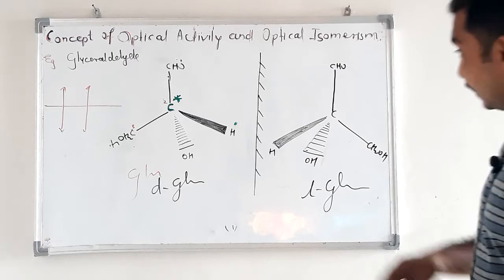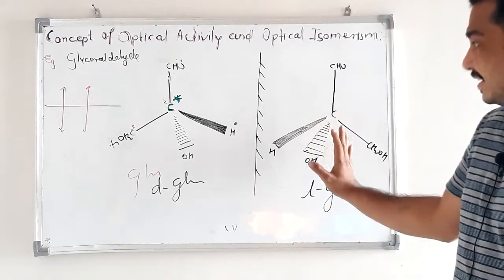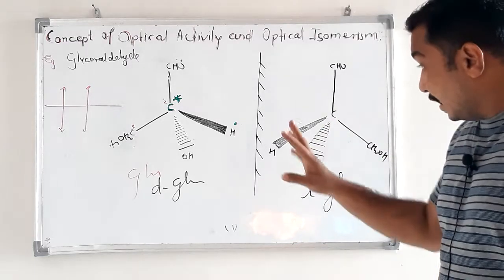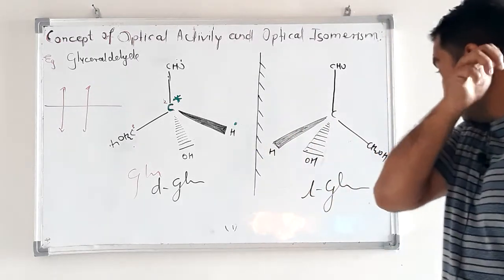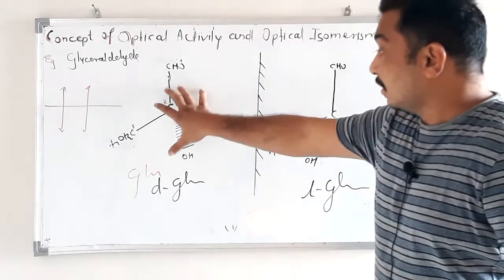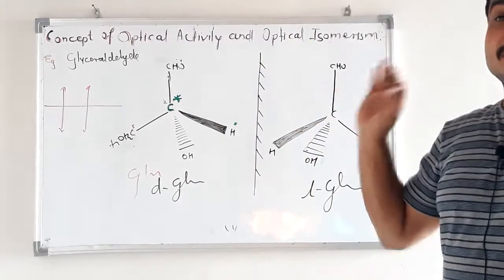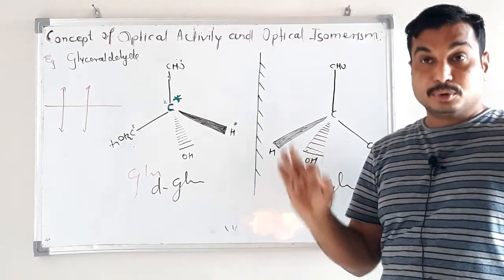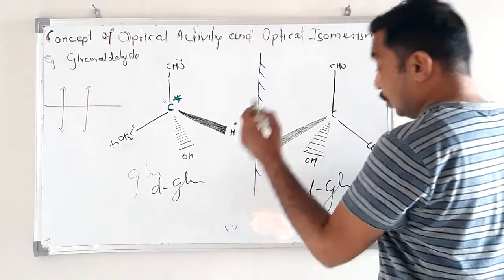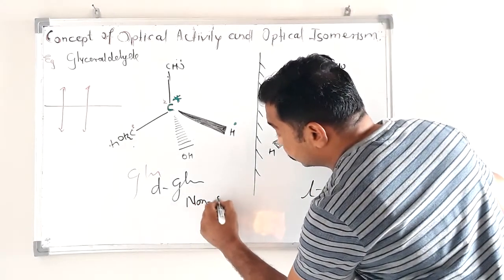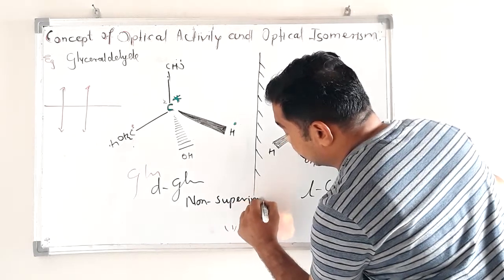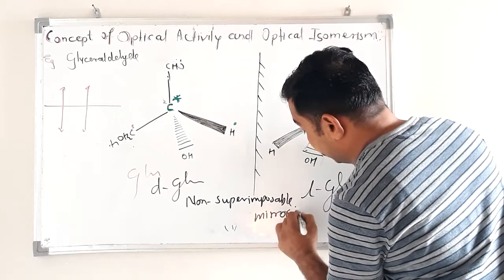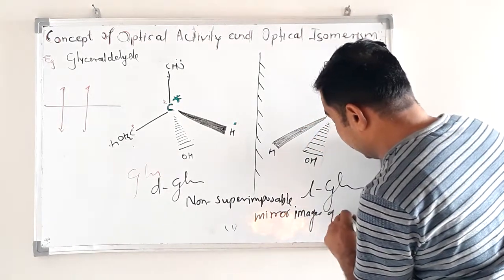So what is the relation between these two isomers? These are optical isomers because one is dextrorotatory and another is levorotatory, and the relation between these two optical isomers is that they are non-superimposable mirror images of each other.